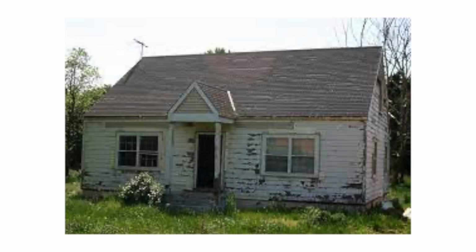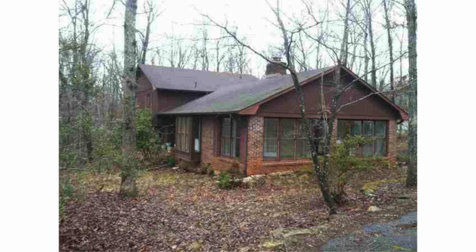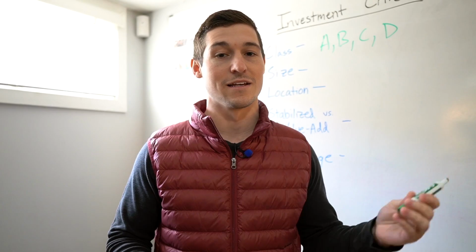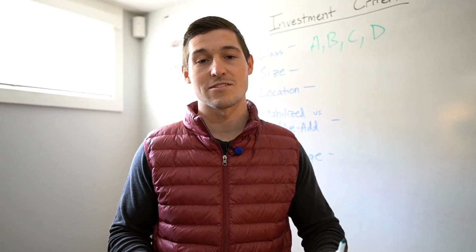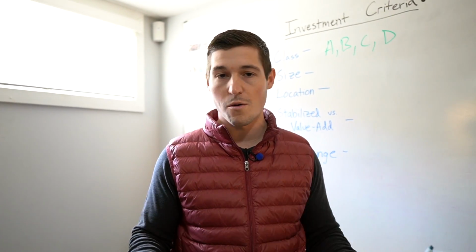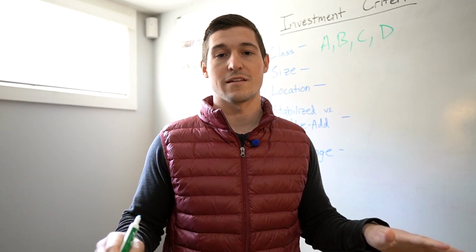So for that work, you want to make sure you get some more money. And lastly is our D class assets. I highly recommend you stay away from the D class. If you want to manage in D class, you're going to be a slumlord. They're going to be tough to get rents from. The tenants are not great, and these are just rundown areas, no amenities, even the asset itself.